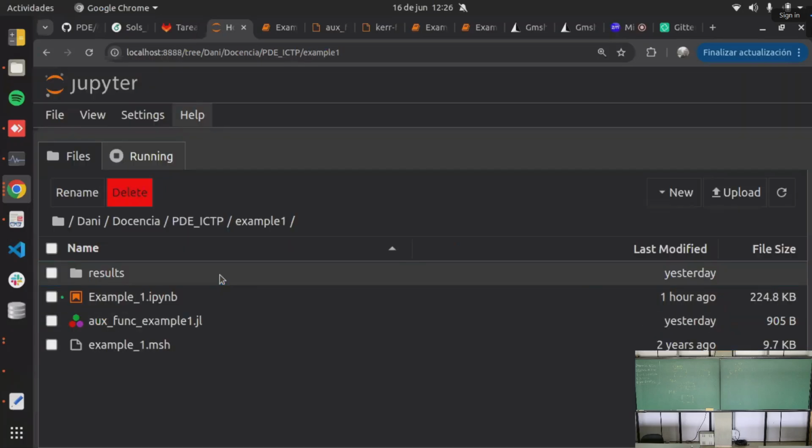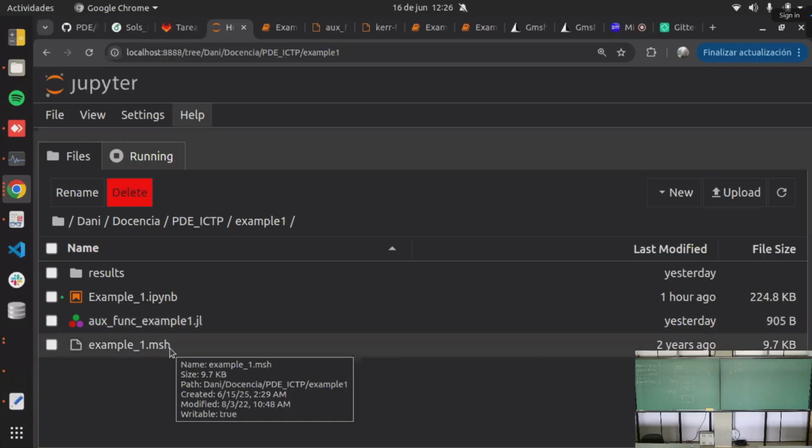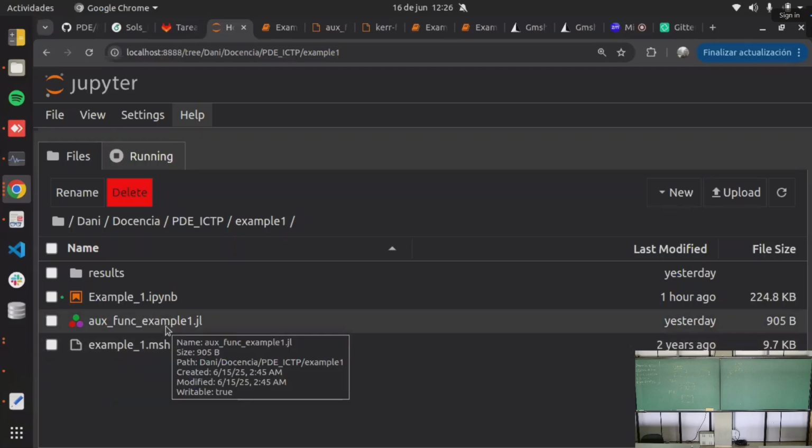The folder also has the point mesh and the script with the auxiliary functions, so you can play with the notebooks. And if you want help, I will be able to give you my contact.